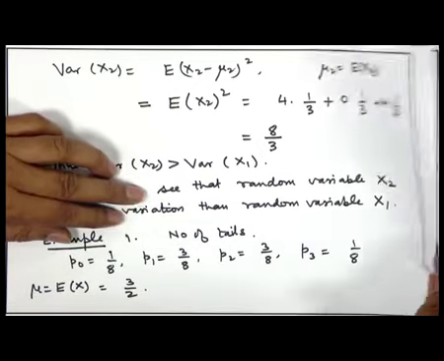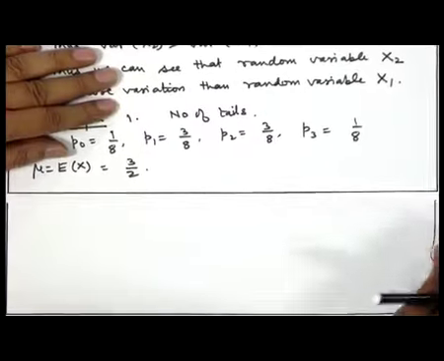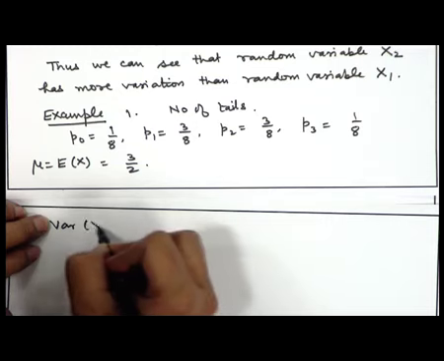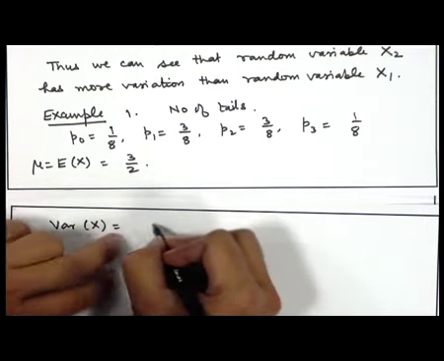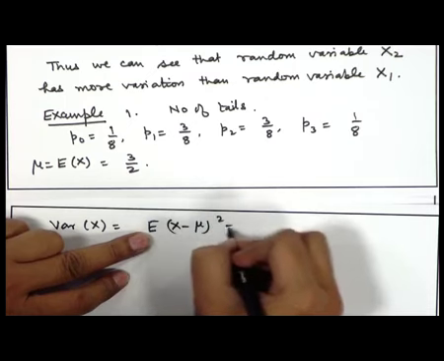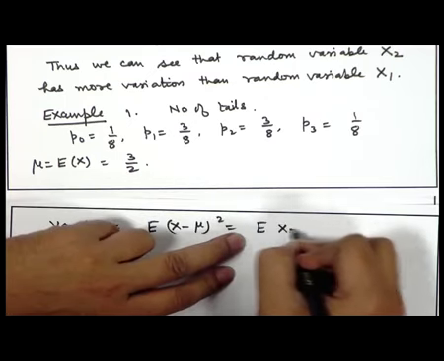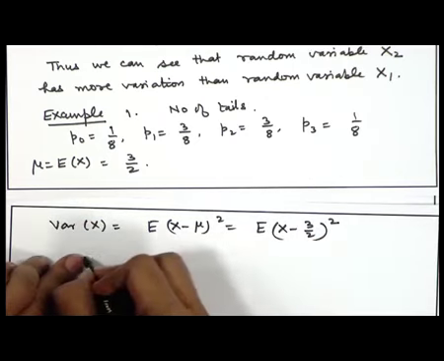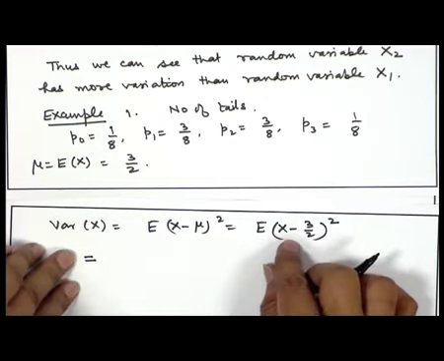Let us calculate the variance here. Variance of x is equal to expectation of x minus mu square, that is expectation of x minus 3 by 2 square. We have to substitute the values of x.